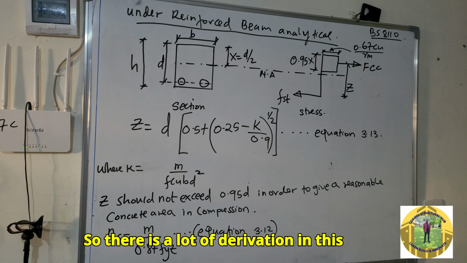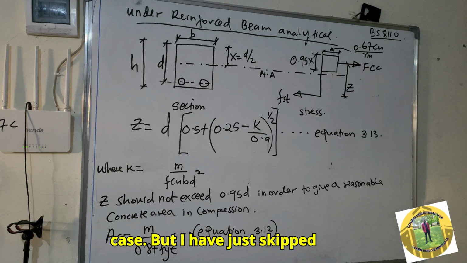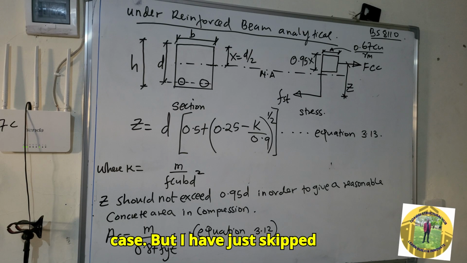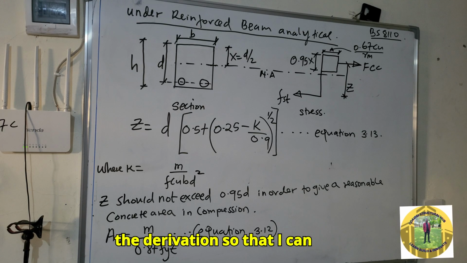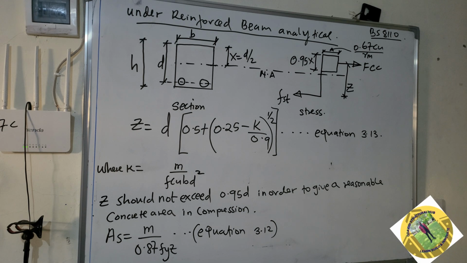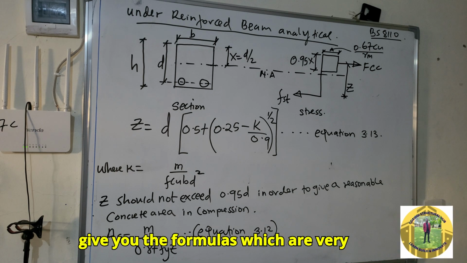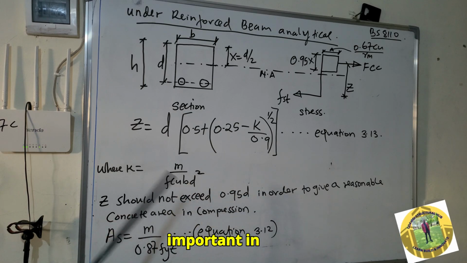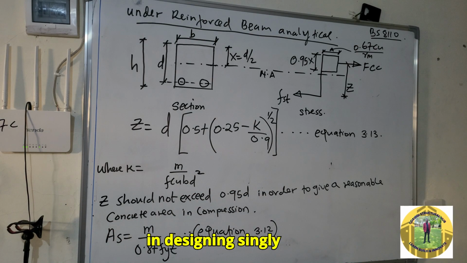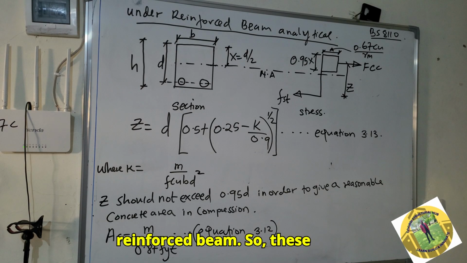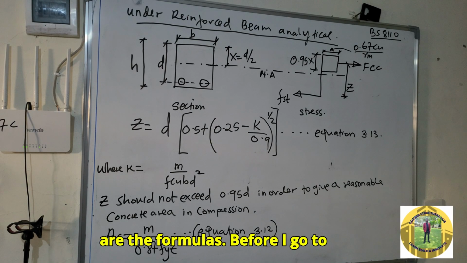There is a lot of derivation in this case, but I have skipped the derivation so that I can give you the formulas which are very important in designing a singly reinforced beam. So these are the formulas.